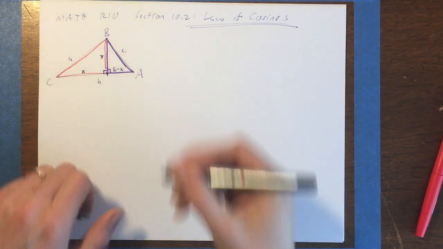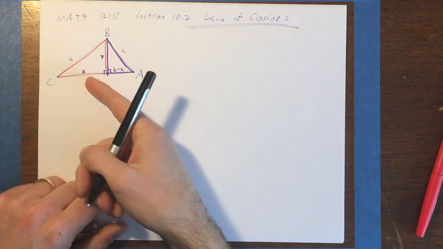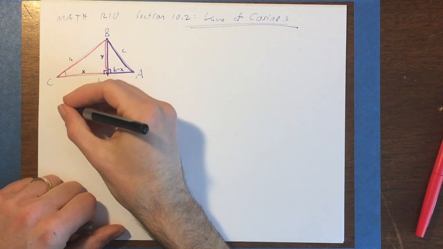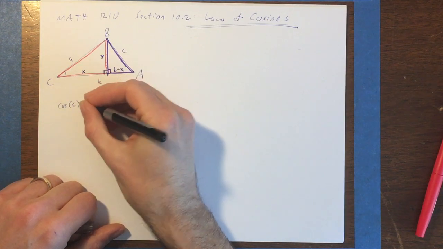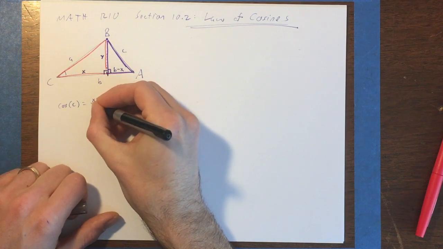So now I'm going to do some trigonometry on each of the two triangles. Let's start with the red triangle. On the red triangle, if I take angle C in the corner here, the cosine of C is adjacent over hypotenuse, which in this example is x over a.